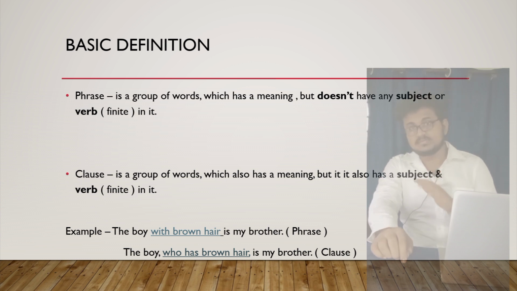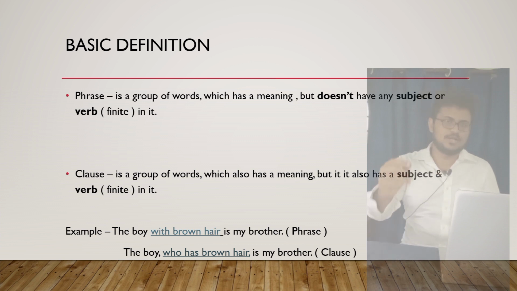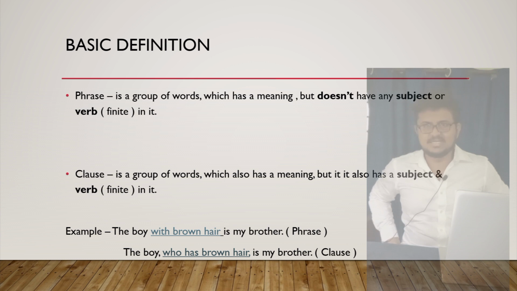Two sentences, same meaning, but one is said with the help of a phrase, and one is said with the help of a clause. You find out what is the phrase and what is the clause. First sentence, again: the boy with brown hair is my brother. And the second sentence is: the boy who has brown hair is my brother. You find out. I'm giving you 30 seconds for that.